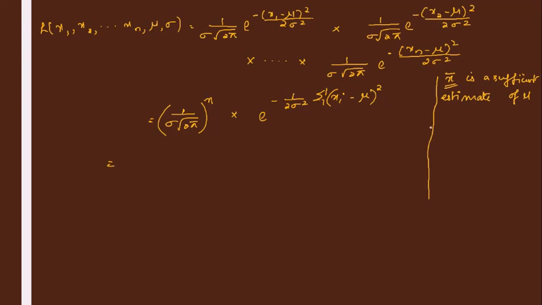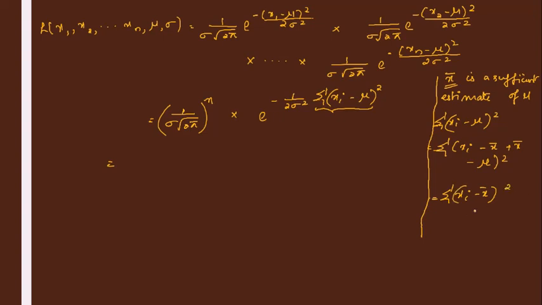So what I'm going to do is take this term and expand it. Summation xi minus mu the whole square: I'm going to introduce an x bar over here, xi minus x bar plus x bar minus mu the whole square. So this adjustment is done over here.